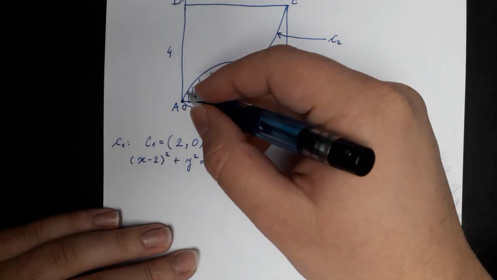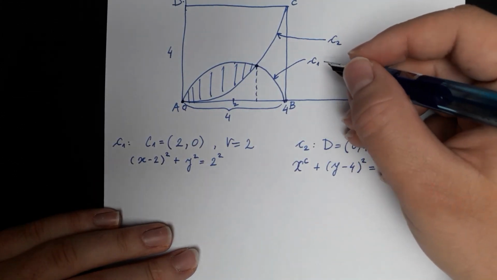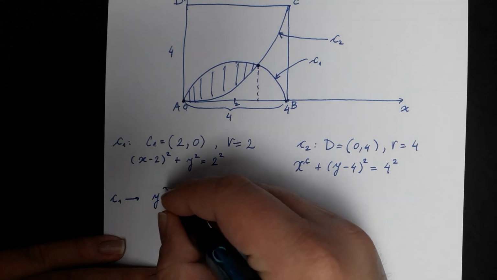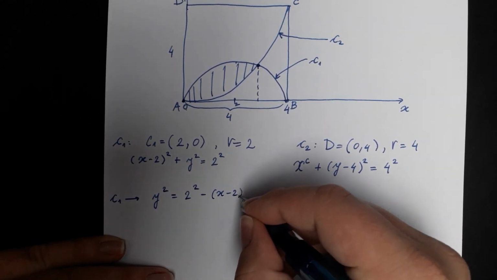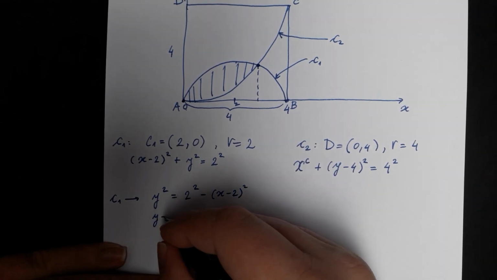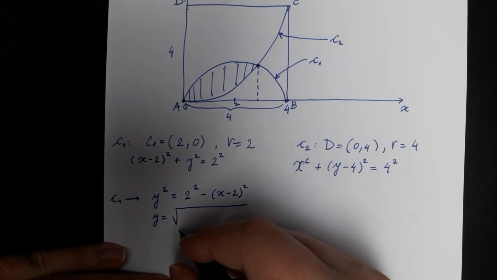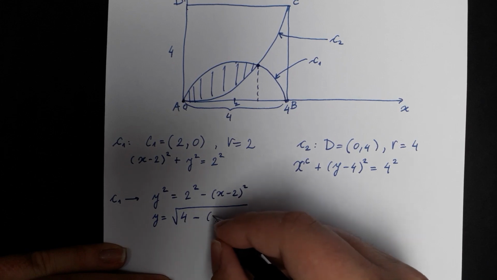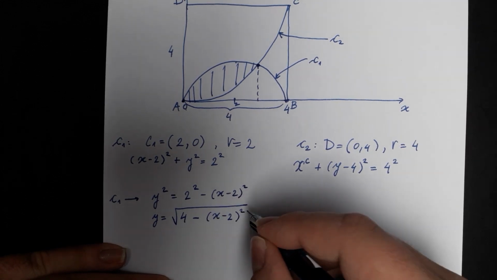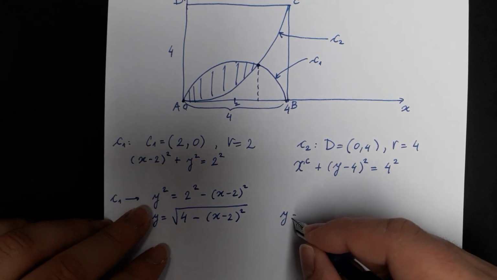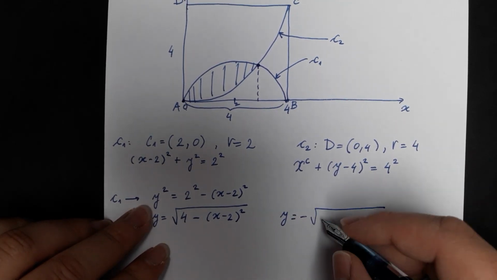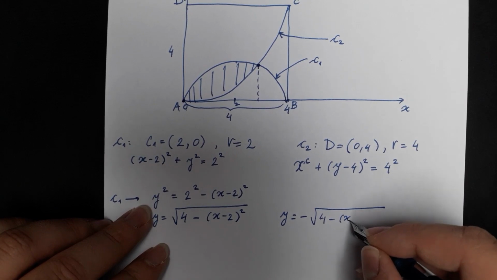So this visible part of the circle C1 has the equation y squared is equal to 2 squared minus x minus 2 squared, which means that y is equal to the square root of 4 minus x minus 2 squared. The second solution of this problem is y is equal to the negative square root of 4 minus x minus 2 squared.